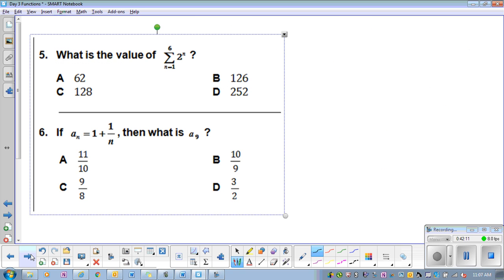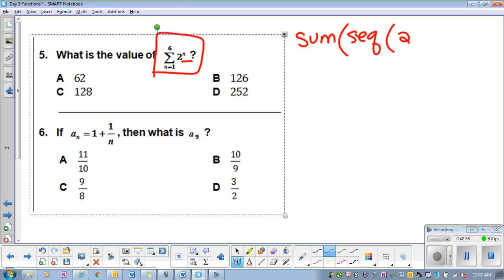All right. So practice putting in this one, okay? So again, I have sigma summation notation. So I have to do sum, that's the sigma part, sequence. What's the formula here? The one on the right. 2 to the what?